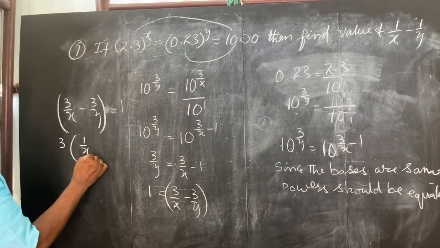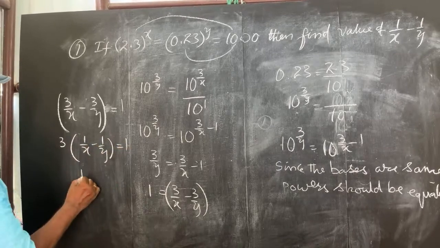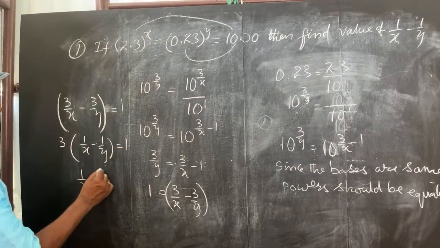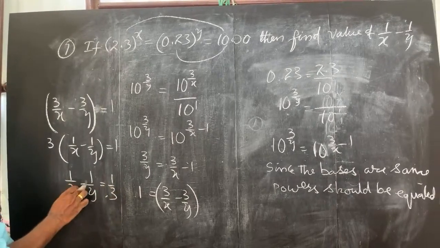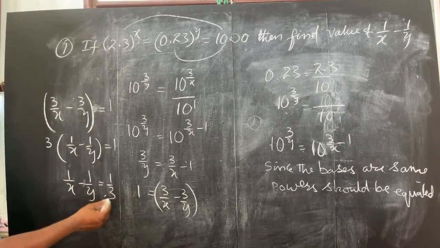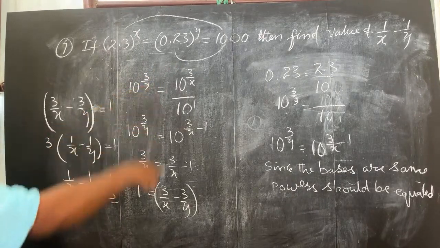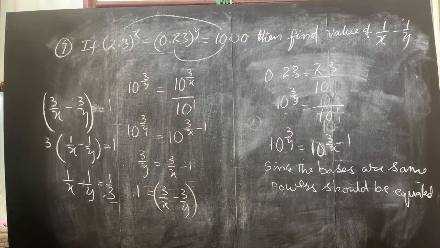Now 1 by x minus 1 by y is equal to 1 by 3, or 1 by y minus 1 by x is equal to 1 by 3. So finally, the value of 1 by x and 1 by y, we got 1 by 3. Check properly. I hope you got a good rhythm here, and a few more problems are left.